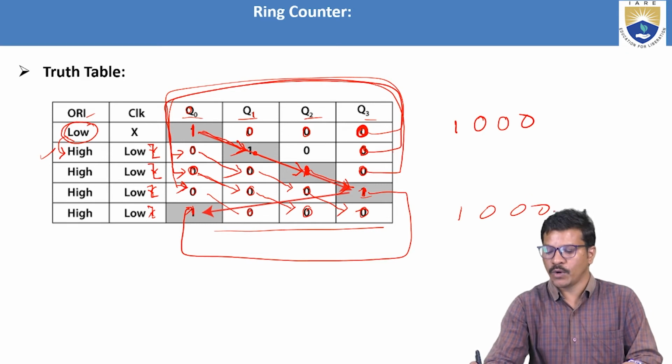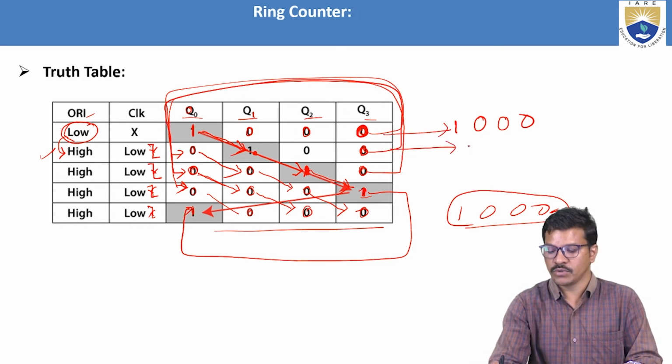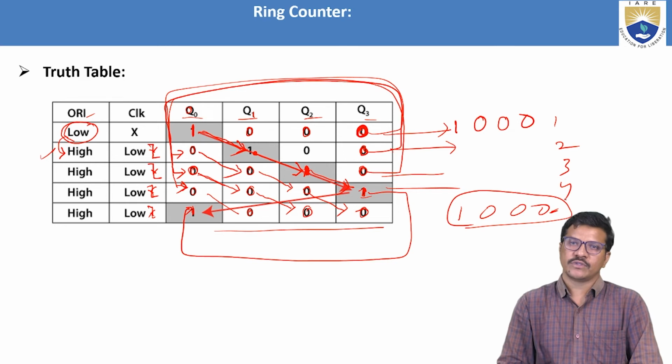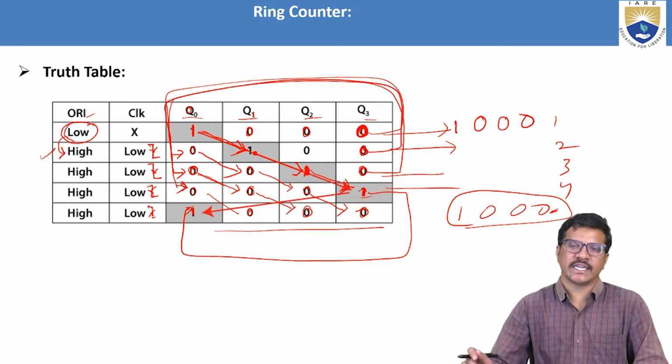In order to get the same initial state again, how many states are there in between? 1, 2, 3, 4. 4 states are there. So in the ring counter, with the example of a 4-bit, 4 flip-flop ring counter, it will count 4 states.